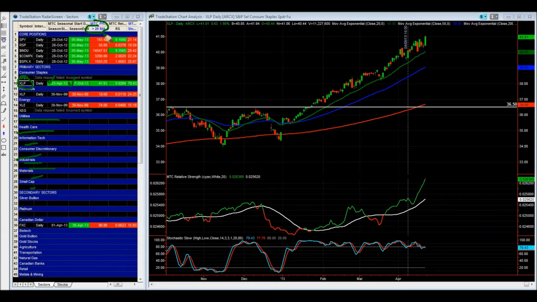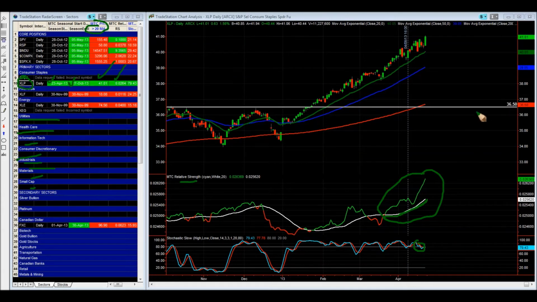It's trading above the 20-period moving average, so that's a go. The relative strength relative to the S&P, it's outperforming the S&P. That's a green light. You can see that here. It's outperforming the S&P because it's trading above this 20-period average of the relative strength, comparing the two. And then the stochastics are also strong. So when we look at it from that perspective, it's all cylinders firing.